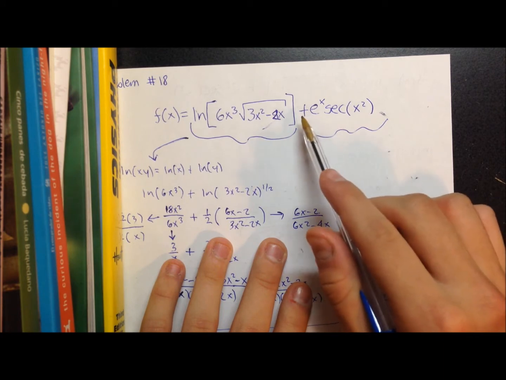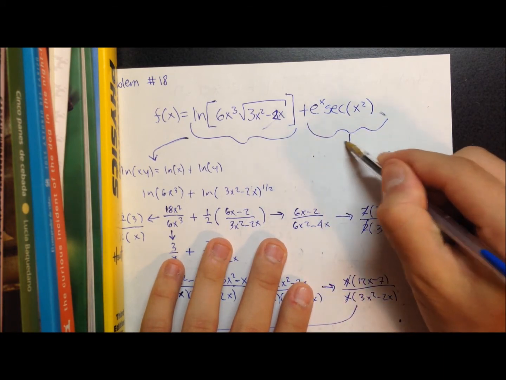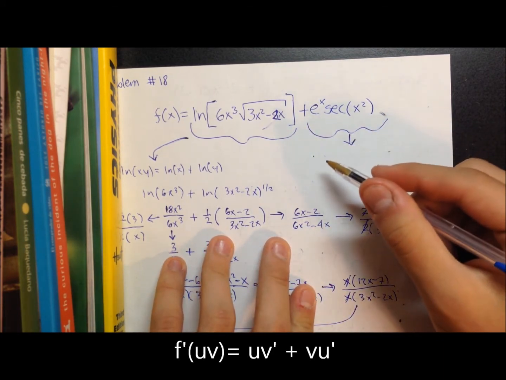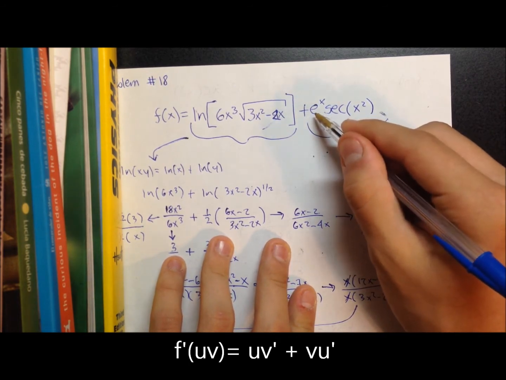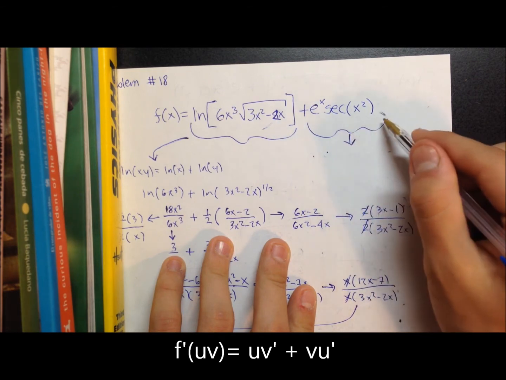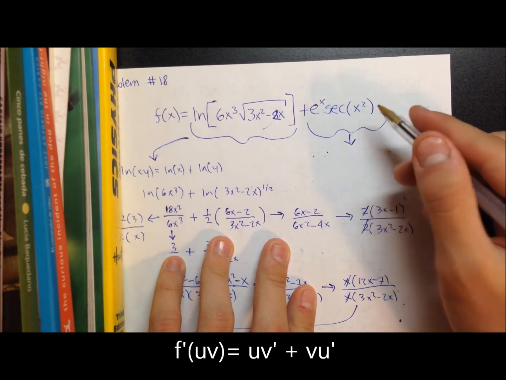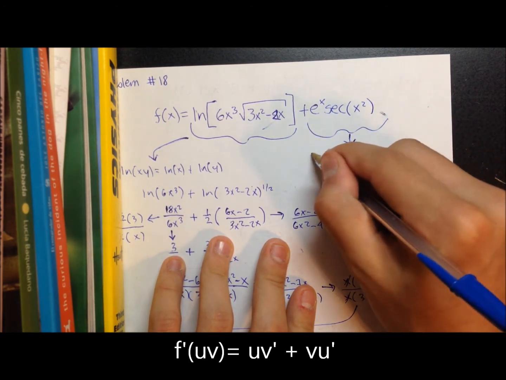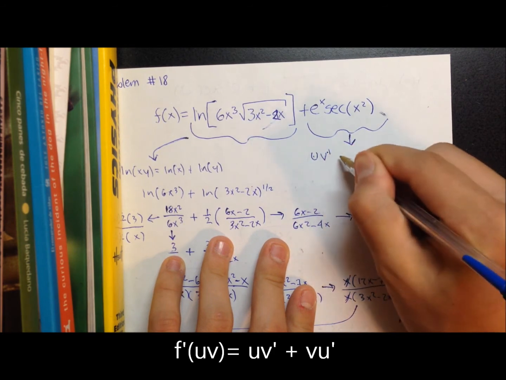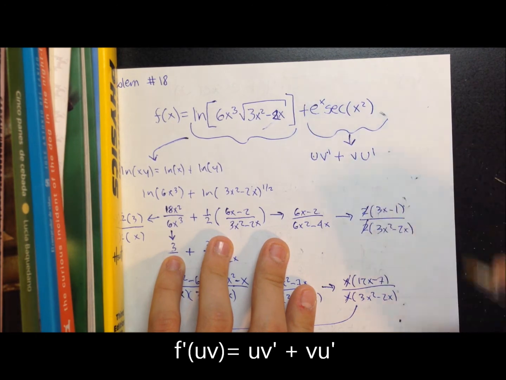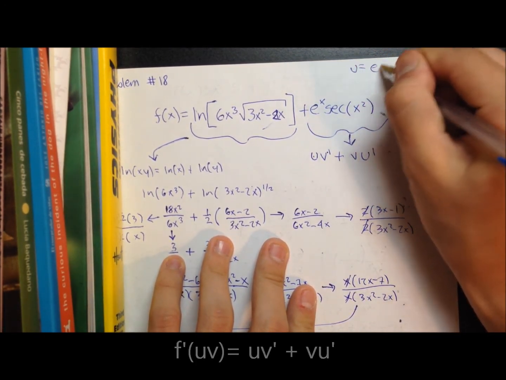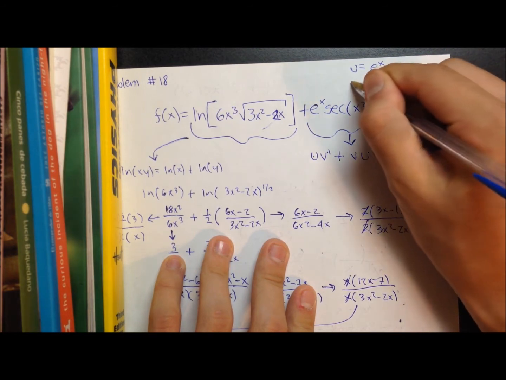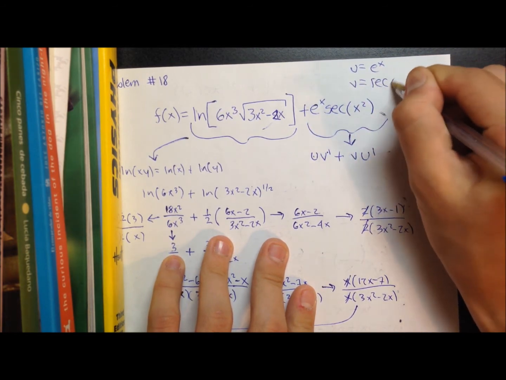So to find the derivative of this, we're gonna need to use the product rule, which is e to the x power times secant of x squared. So the product rule is u times v prime, plus v times u prime. So I'm gonna say that u equals e to the x power, and v equals secant of x squared.